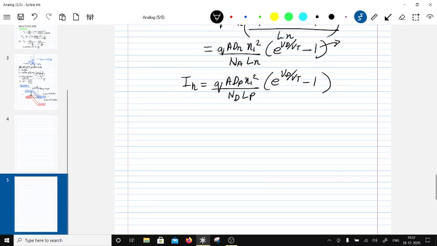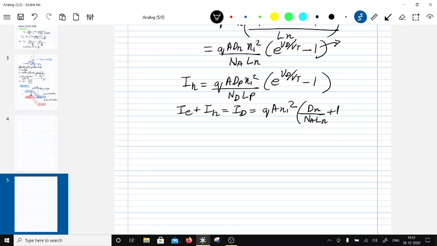So the total current would be equal to I electron plus I hole, that will be the total diode current, which will be equal to QA Ni square, Dn over Na ln plus Dp over Nd Lp, times e raised to Vd by Vt minus 1.